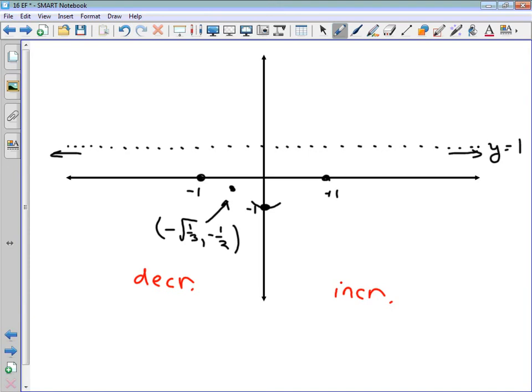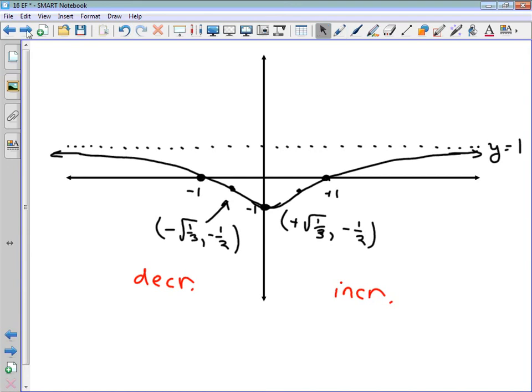And then we had another one over here at positive root 1/3, still at negative 1/2. That makes complete sense. So let's connect the dots. And there's our graph.